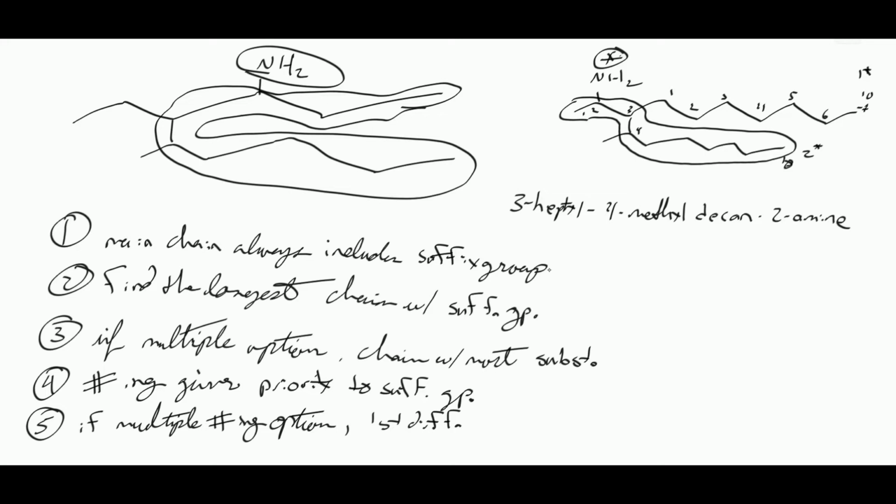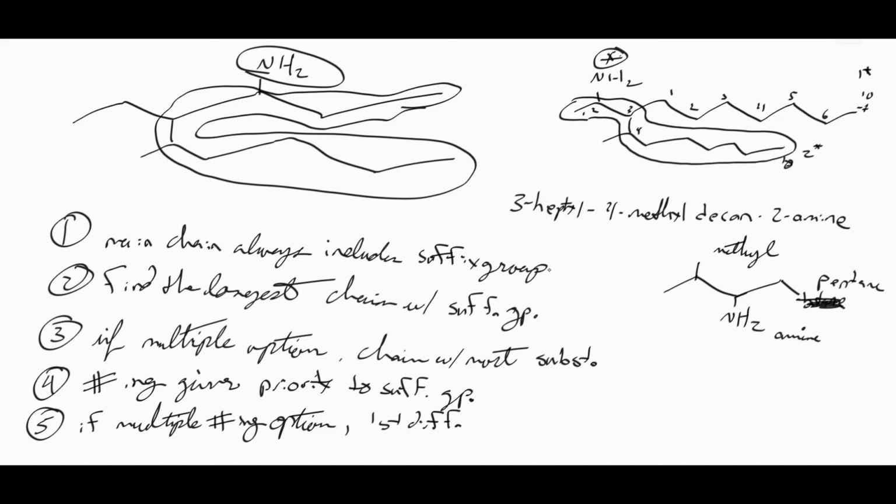So for example, this right here. The main chain, no matter what, is going to be a butane chain. Then you have an amine side chain, and then you have this methyl side chain. I'm going to go ahead and add one more, so now it's a pentane chain.